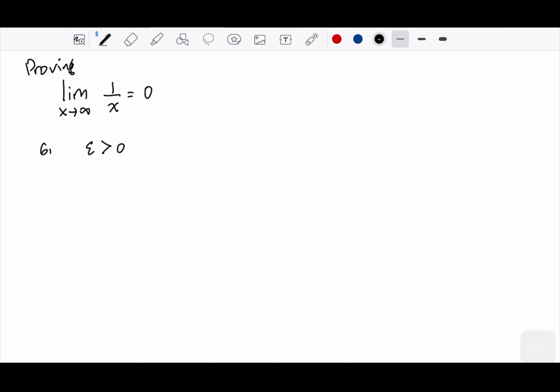So given epsilon is positive, we need to find n such that, again, in limits at infinity, we are not going to find the delta because we have an infinite amount of x. Which means we are going to find an n that corresponds to these functions.